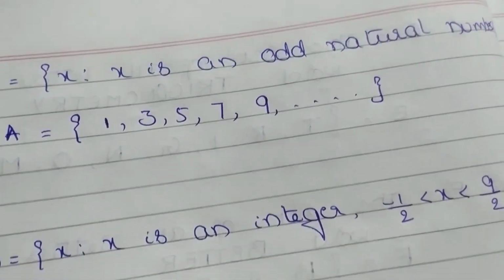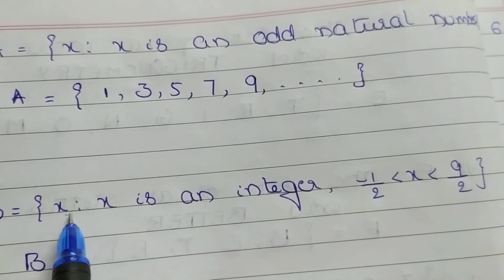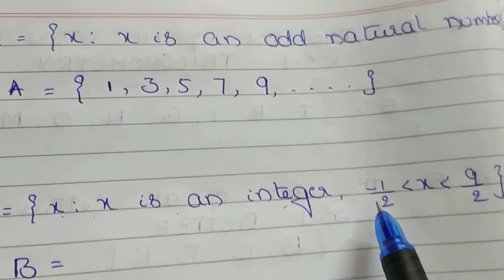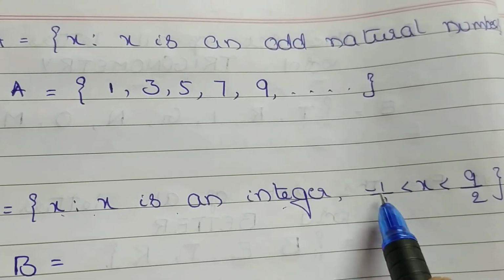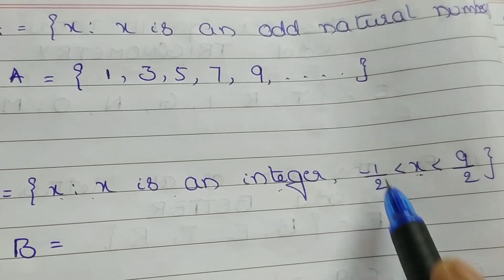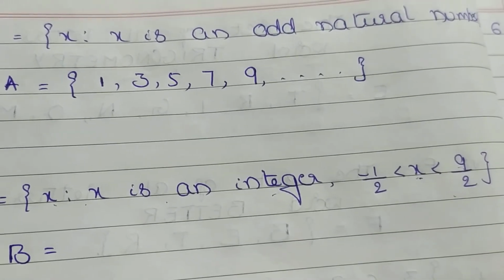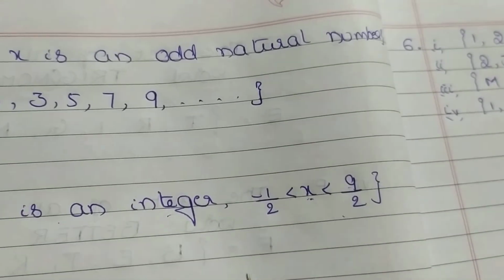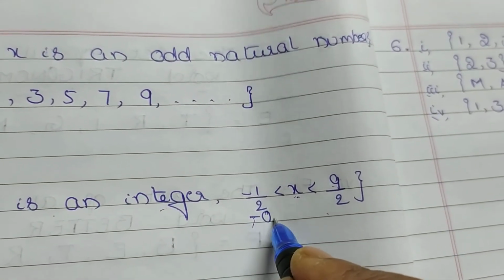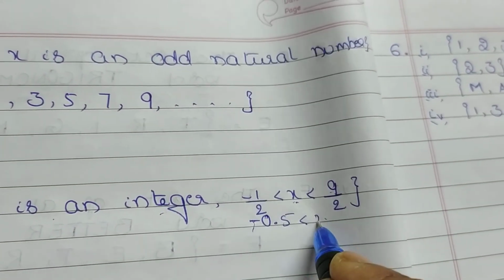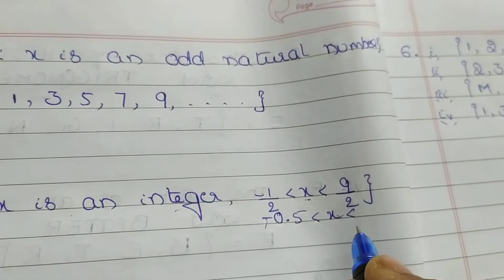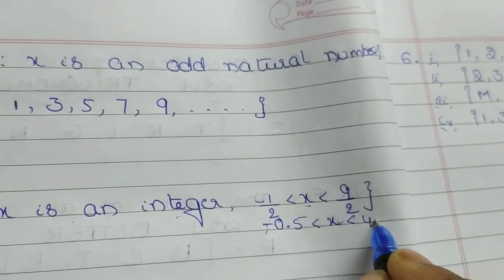Next, B equals, what they gave: x such that x is an integer, and x lies between minus 1 by 2 and 9 by 2. So minus 1 by 2 and 9 by 2 means, first we'll write in the form of a decimal, that is minus 0.5 less than x less than 9 by 2. 9 by 2 means it is 4.5.